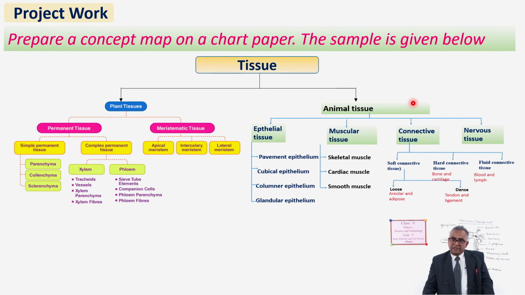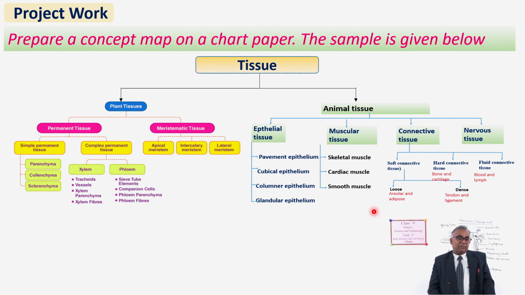You can just take a screenshot, or I will help you from your book also. Plant tissue and animal tissue are given separately. You have to keep them together by giving the heading of tissue. So you have to make a chart in which all the types of plant tissue and animal tissue are mentioned. Okay. And you have to make it very neatly.